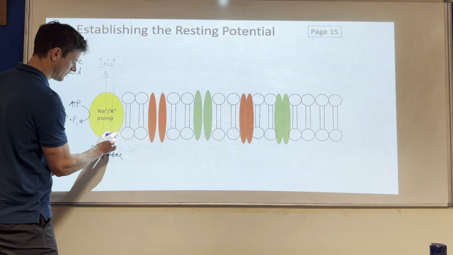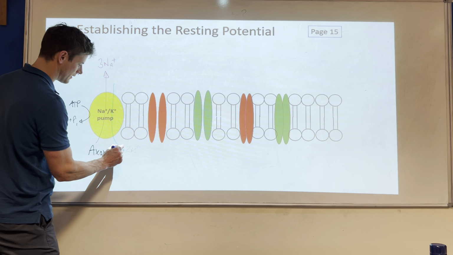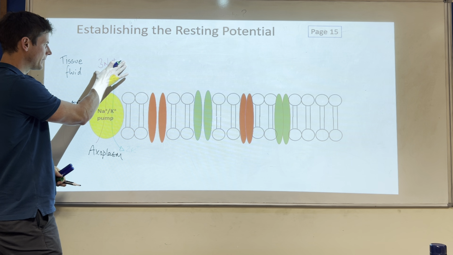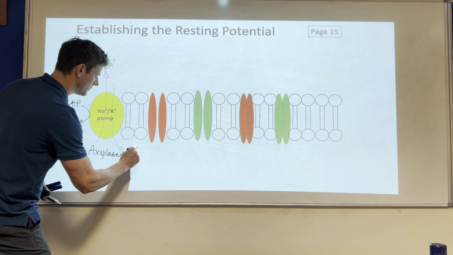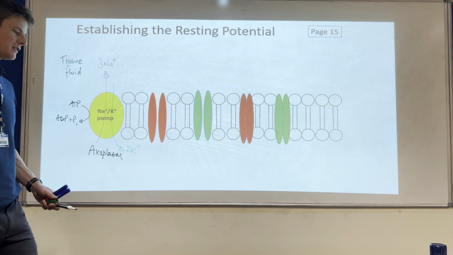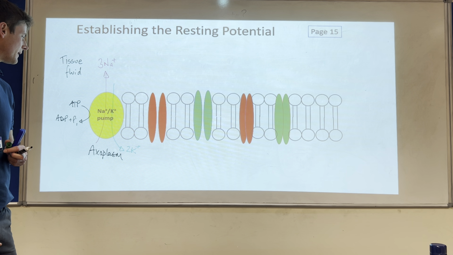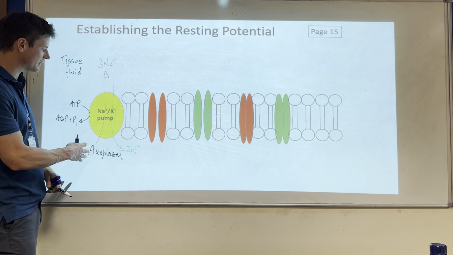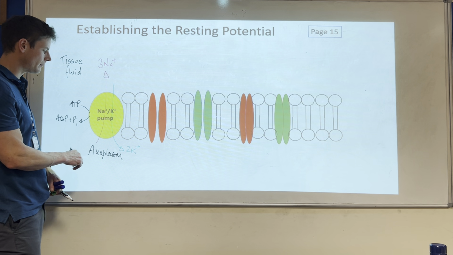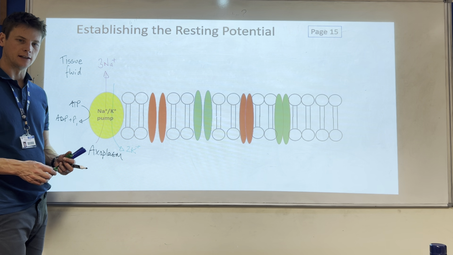A little. Okay, so that's 3 sodium ions actively transported out, 2 potassium ions actively transported in. Sometimes it's referred to as an exchange pump. Okay? So it moves them by active transport to the outside and the inside.